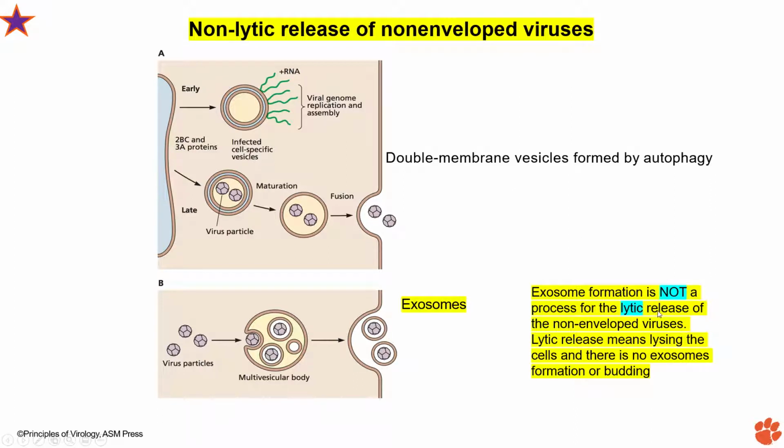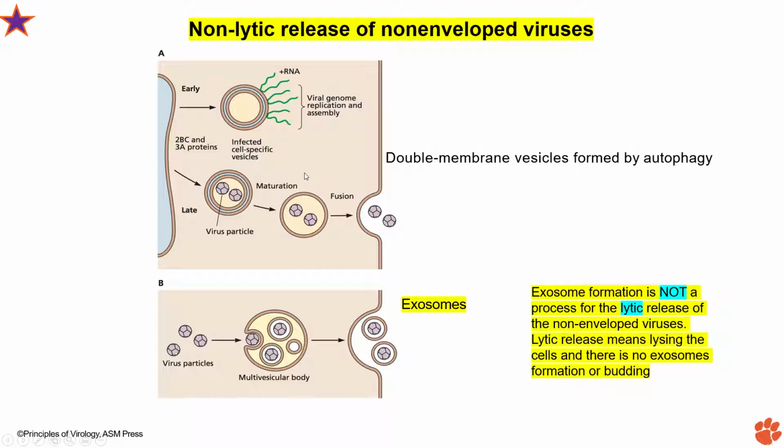But the question we can ask, or just think about this, is that exosome formation is not a process for the lytic release of non-enveloped virus. So again, this will be non-enveloped. But as soon as we change the words from non-lytic to lytic, this is not the way it is. Lytic release means lysing the cells. There is no exosome formation or budding.